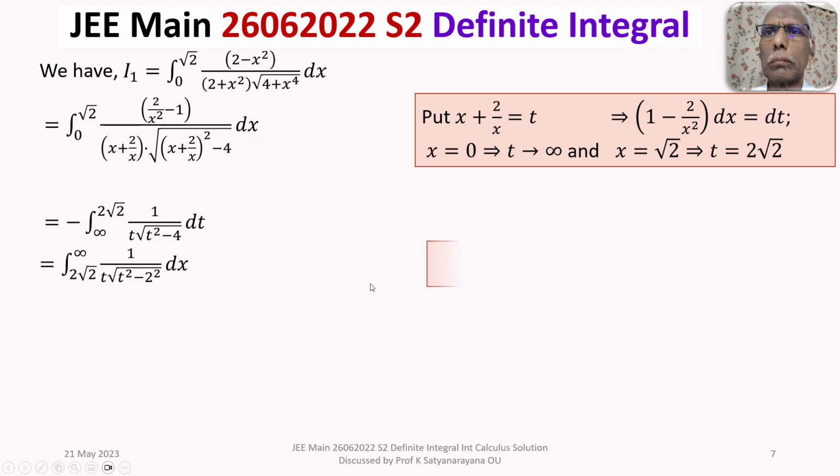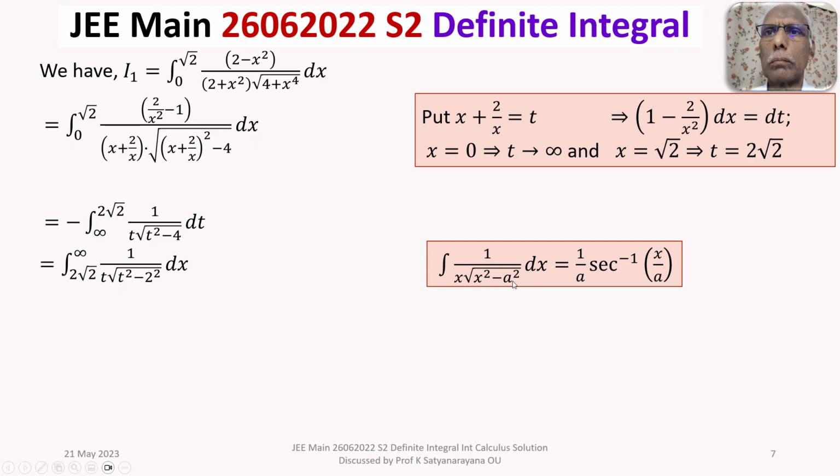So what's that known integral? Recall: the integral of 1 by x under the square root of x square minus a square dx is 1 by a secant inverse x by a. Here a is 2, and it's not dx, it's dt. So it will be equal to 1 by 2 secant inverse t by 2, evaluated between the limits t equal to 2 root 2 to t equal to infinity.